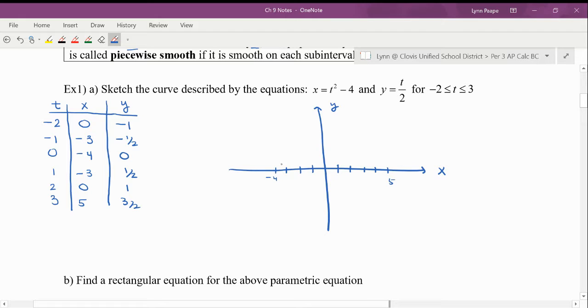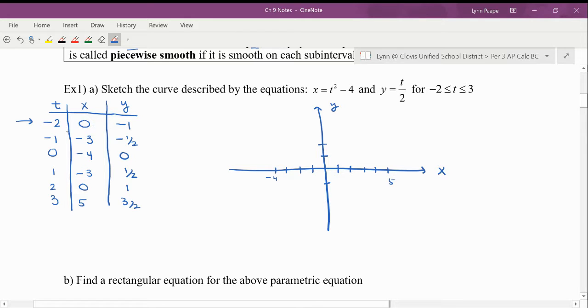And then my y value scale is pretty small. So let's see, I guess 1.5 looks like to be my largest, so I'll count out to 2 and then -1. When I'm graphing, I am just indicating where that time occurs, there's my ordered pair here.